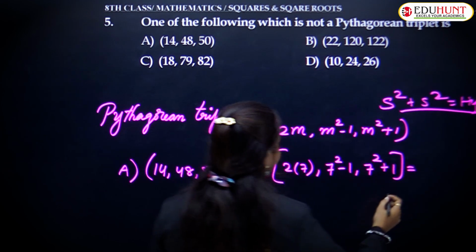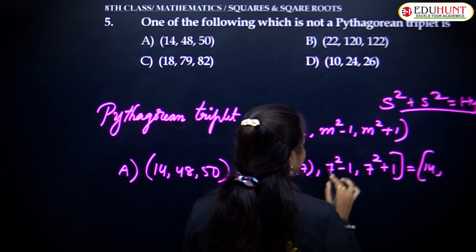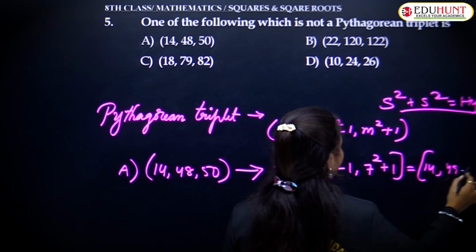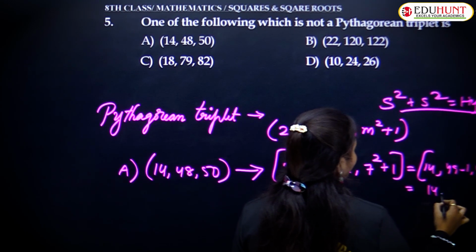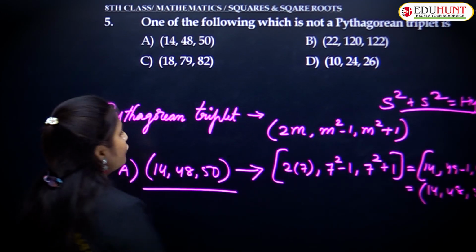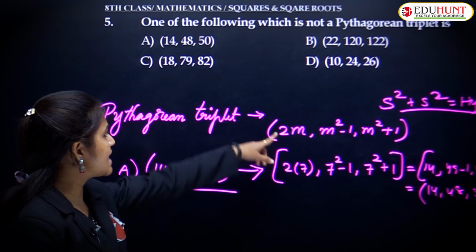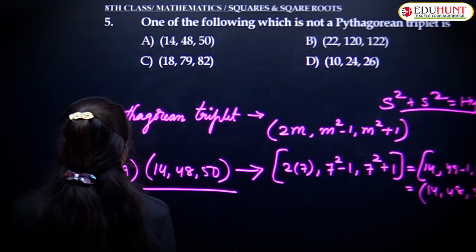So 2 sevens 14, comma, 7 square 49 minus 1, 49 plus 1. So we will get 14, 48, 50. That's what they given, no? Is it satisfying this condition? Yes, satisfying.